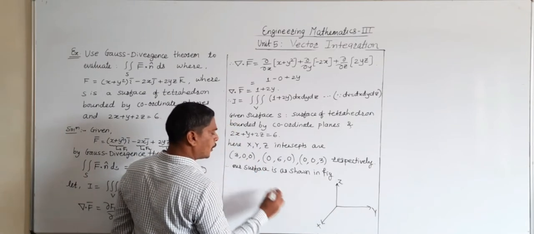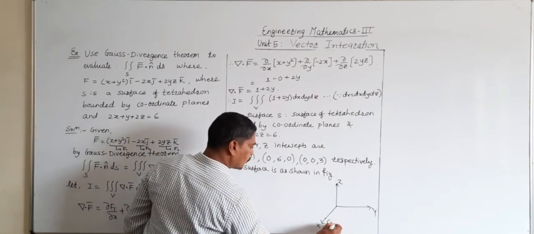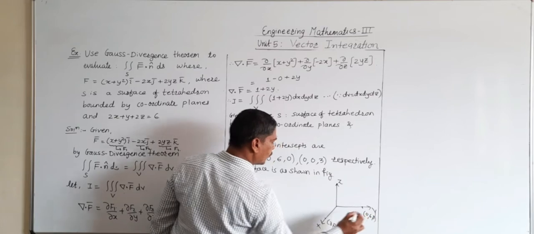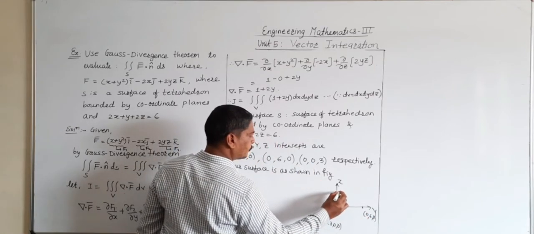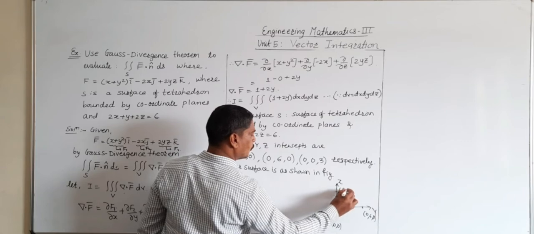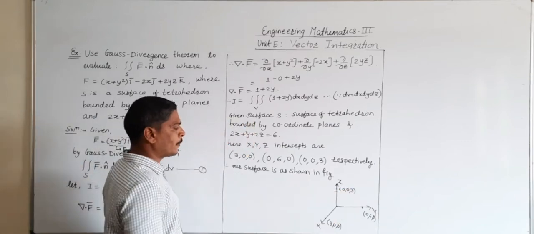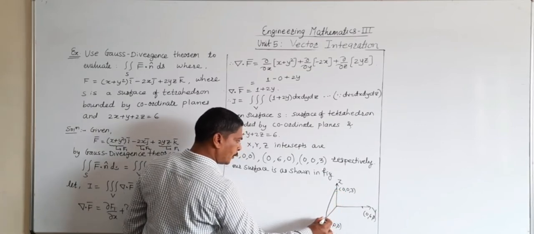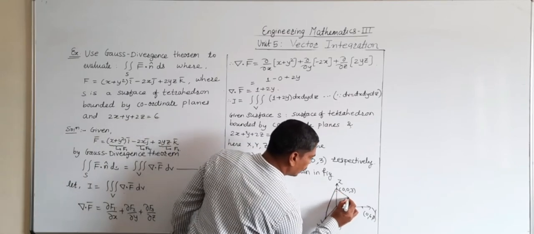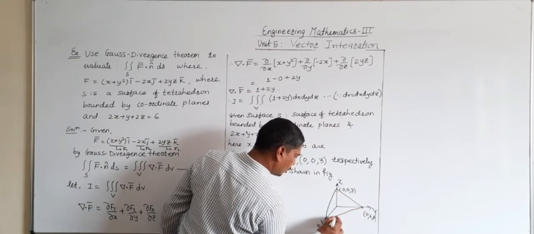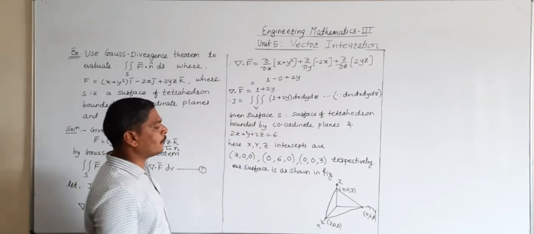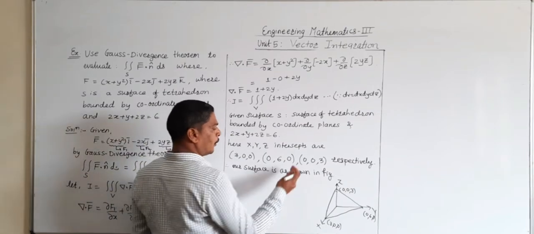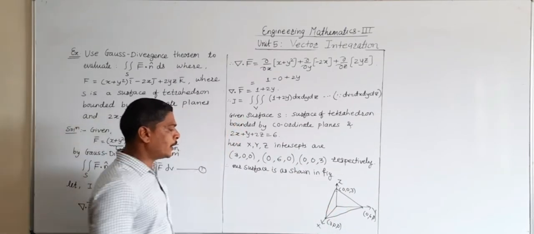So the x coordinate is 3, 0, 0, then the y coordinate is 0, 6, 0, and the z coordinate is 0, 0, 3. Okay, and now join these coordinate points by straight lines. So join these 2 points, then these 2 and these 2. So this is our required tetrahedron, bounded by the coordinate planes and the plane 2x plus y plus 2z equal to 6.